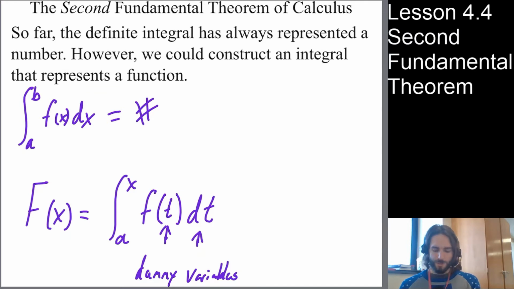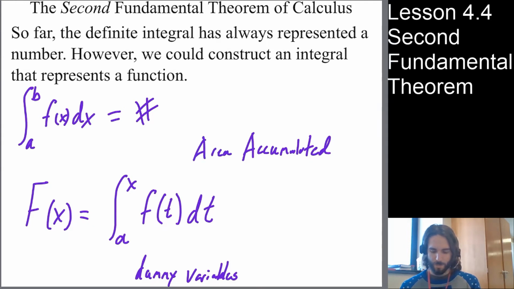So this integral gives us a function, and we usually call that the accumulation function because it is a function that tells us how much area is accumulated. Let me put area accumulated from, let me just say this, from a to x.